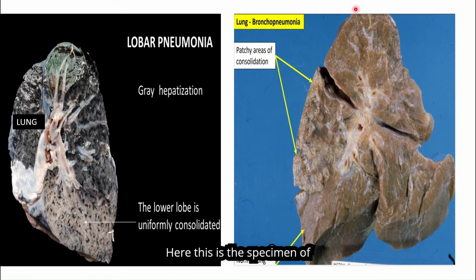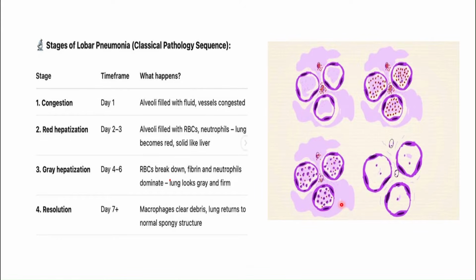Here, this is the specimen of normal lung showing some patchy areas of consolidation. So this is a specimen of bronchopneumonia. So lobar pneumonia, in which one lobe is involved totally, whereas in bronchopneumonia there is patchy area of consolidation.